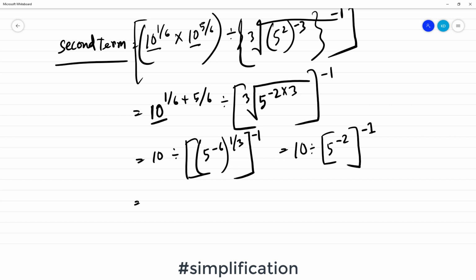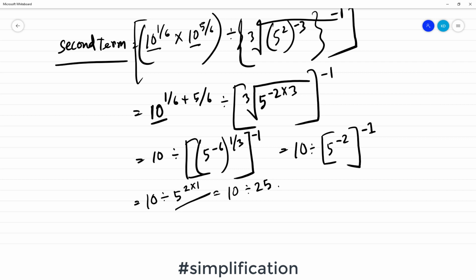So from this we get 10 divided by 5 to the power 2 by 2 into 1, so we get 10 divided by 25.